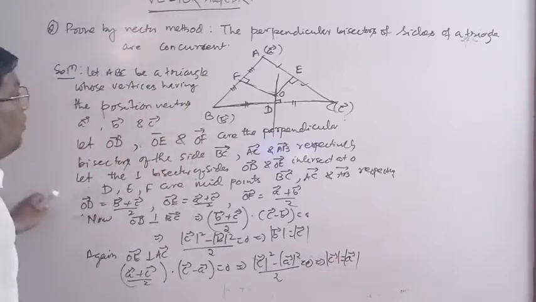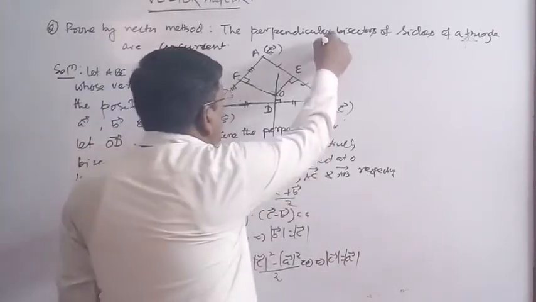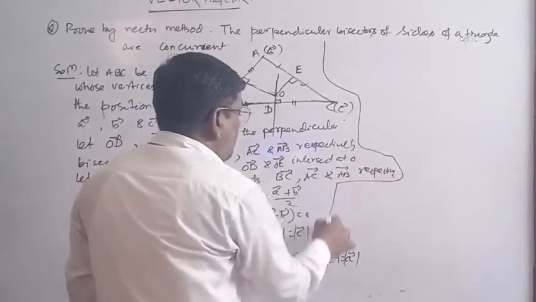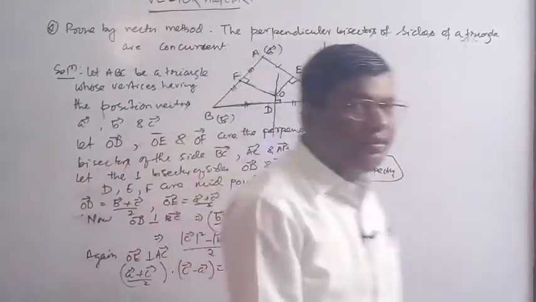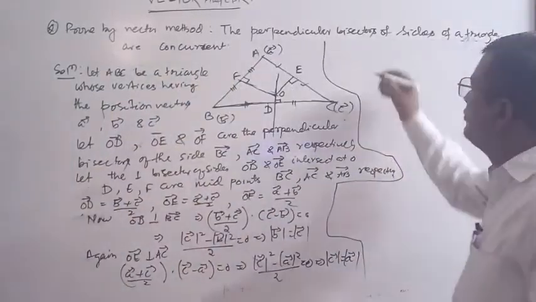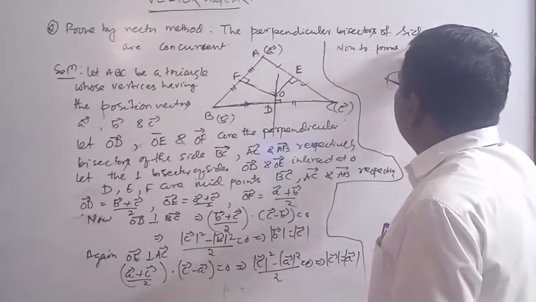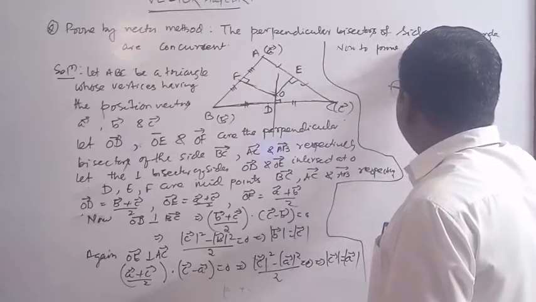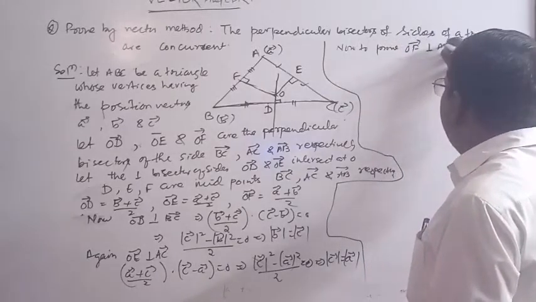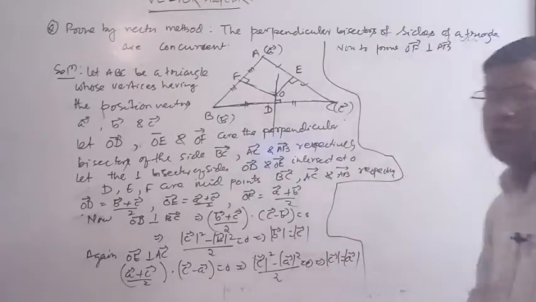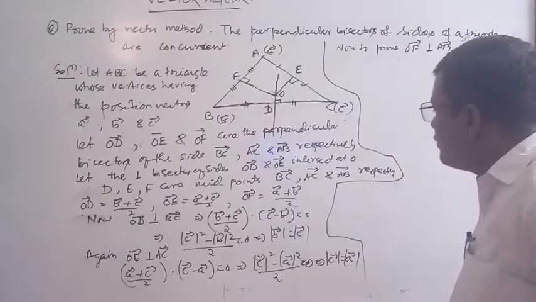Now to prove OF perpendicular to AB. What is the position vector of OF?